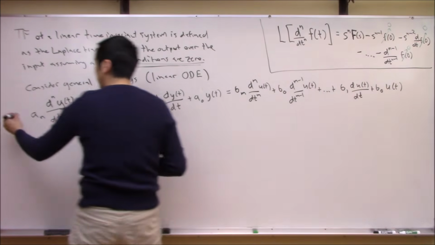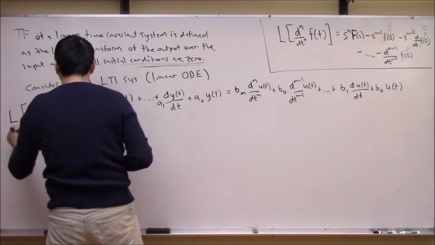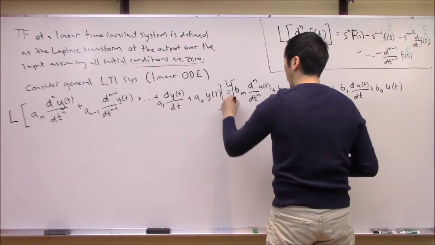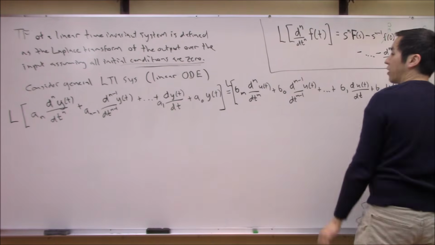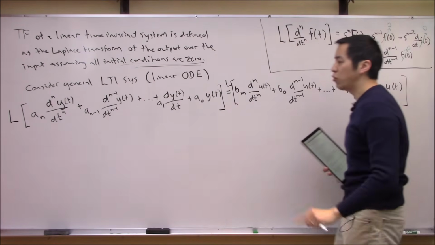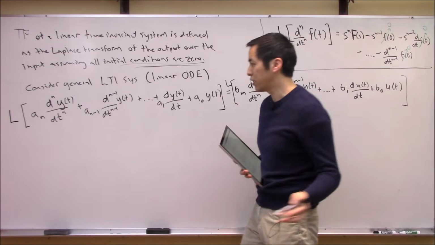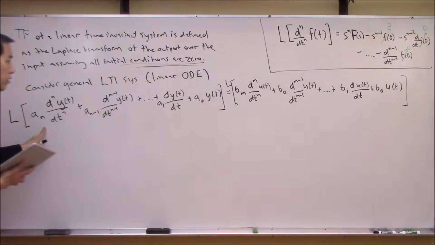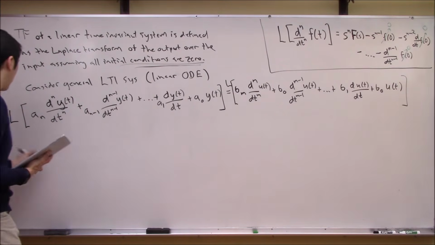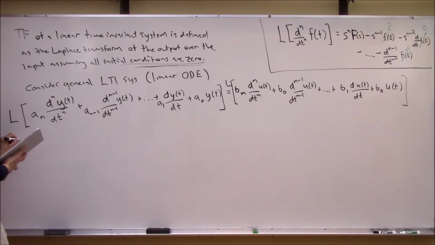All we're doing is Laplace transforming the entire left-hand side and the entire right-hand side, and we're going to make use of this property up here. Let's distribute the Laplace operator through each of these terms. Let me do a few on this side, and I think you'll see what's going on.